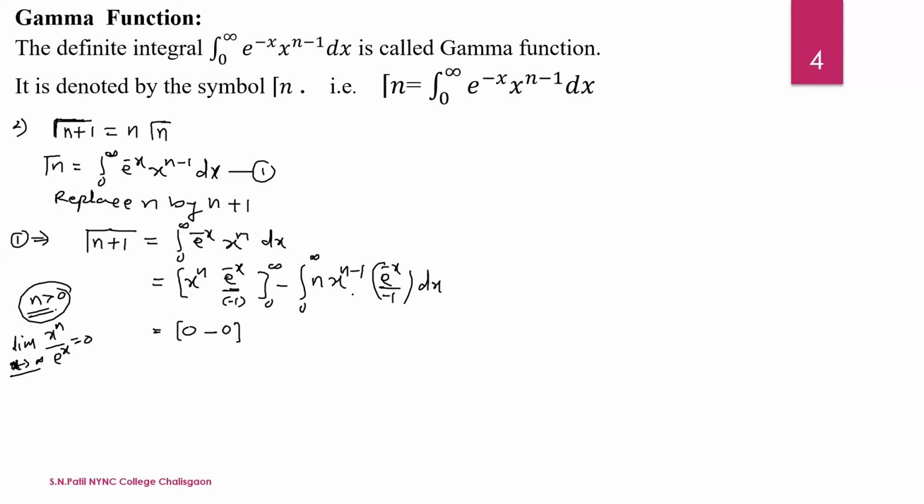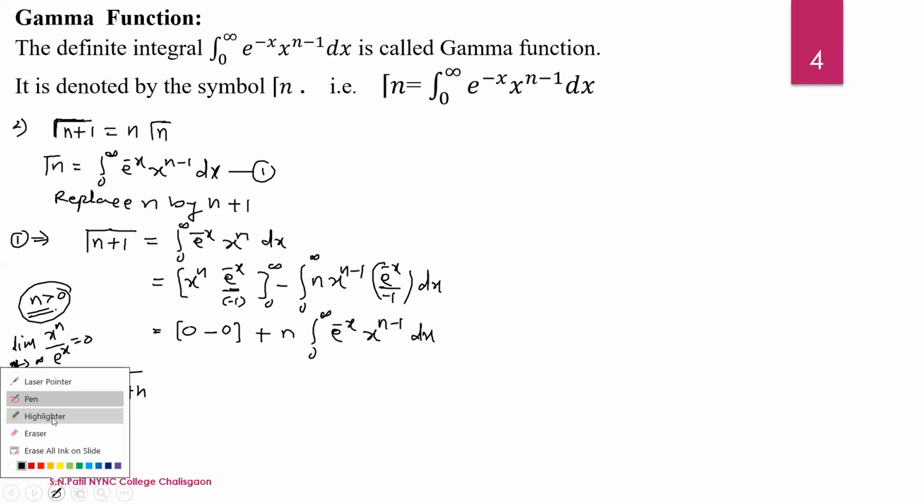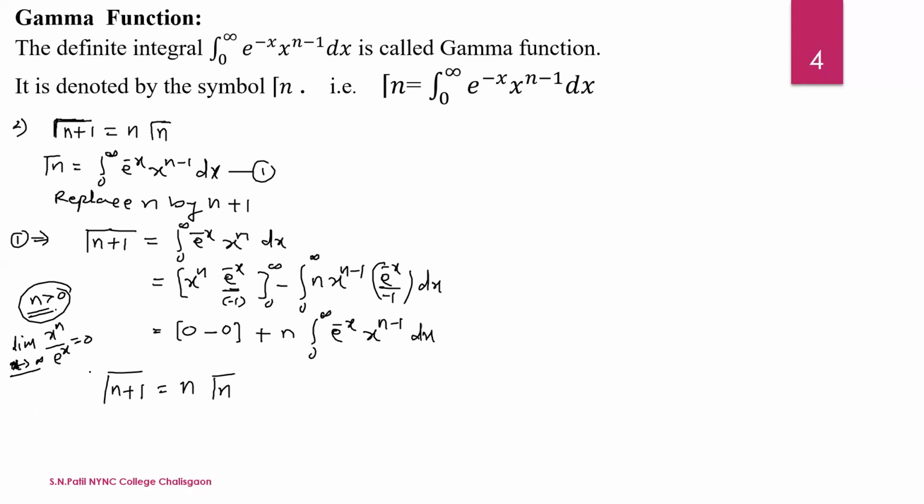Now in the second term, the minus sign and this minus give plus, n is constant, integration 0 to infinity, e to the power minus x, x to the power n minus 1 dx. Now from 1, this is gamma n. So gamma n plus 1 is equal to n gamma n. In this way, we prove the property.